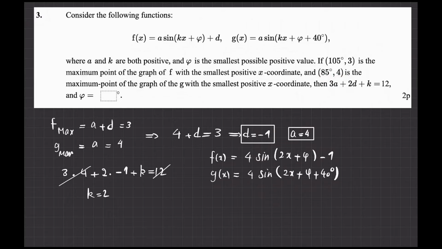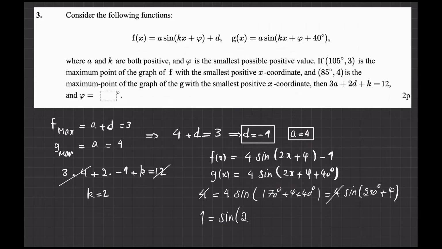So instead of g, which is the y coordinate, I put 4 equals 4 sine, instead of x I put 85, but I multiplied by 2, it becomes 170 degrees plus phi plus 40 degrees, but 170 degrees and 40 degrees becomes 210 degrees plus phi. Okay, now I divide both sides by 4, so it becomes 1 equals sine of 210 degrees plus phi.